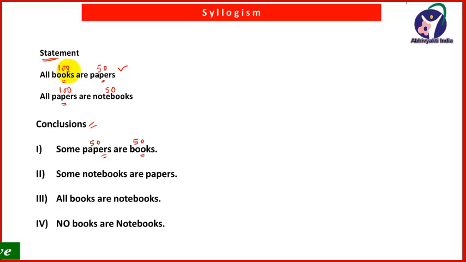Here books has 100, papers has 50. These numbers we take as income, and these numbers we take as expenditure.